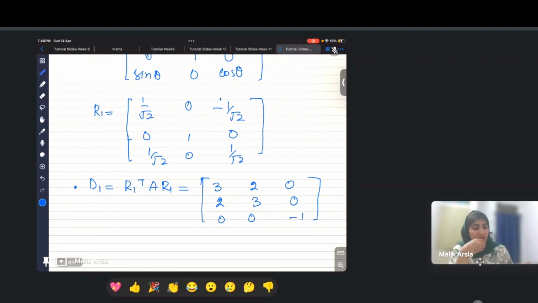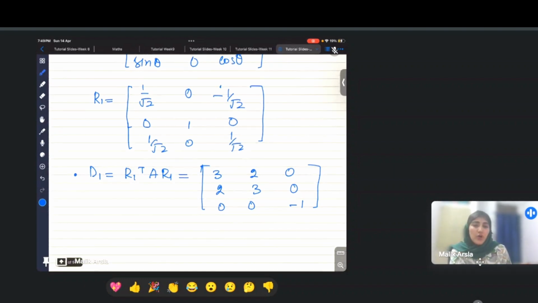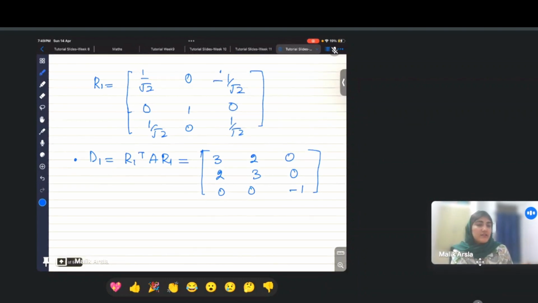I have written the answer directly because obviously, multiplying 3 matrices, you can simply do it on a calculator also. If you want to do it, you can do it right now, because in the tutorial session you should solve questions. If you have not done it at home, you can do it now and verify if the answer is coming out the same or not.